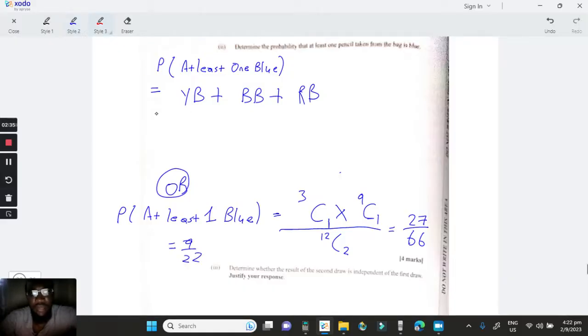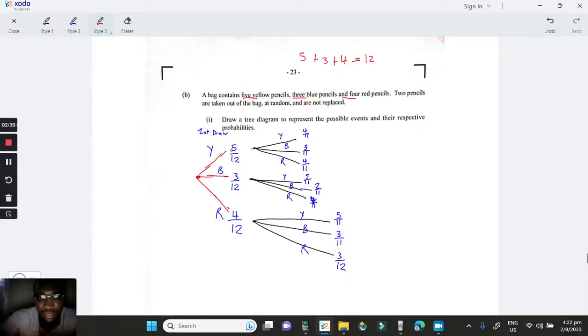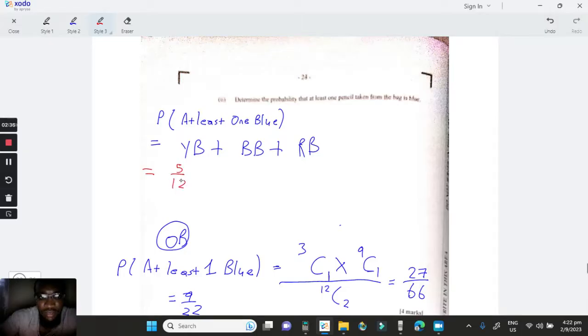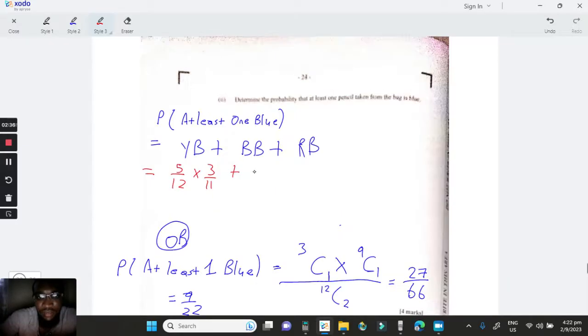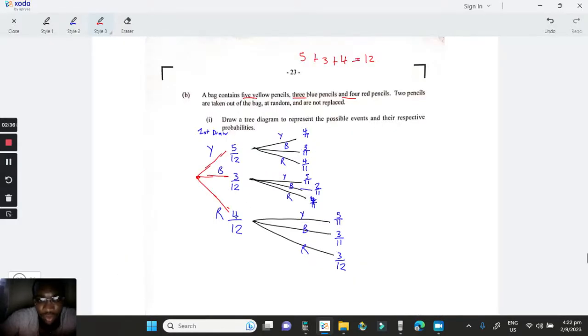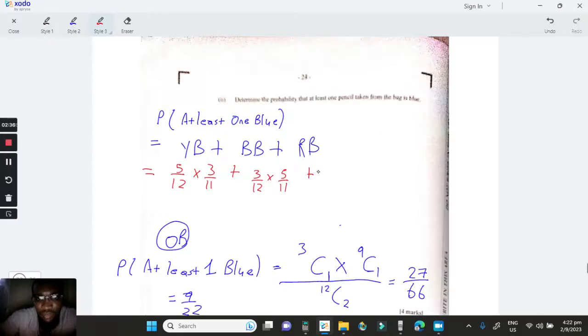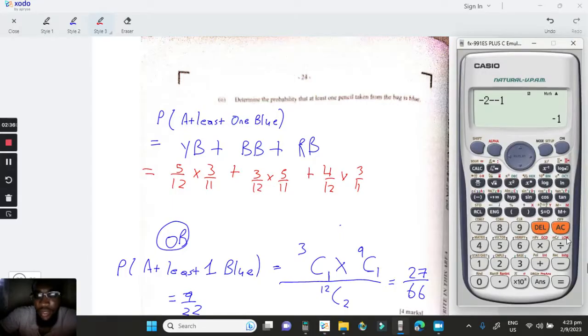Or you could work it out this way and say you get yellow, then blue. So that's 5 over 12 times 3 over 11, yellow then blue, plus blue then blue. That's 3 over 12 times 5 over 11. And then plus red, then blue, 4 over 12 times 3 over 11. We'll work this out.